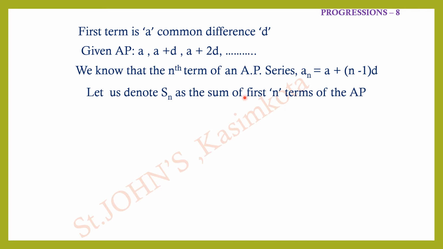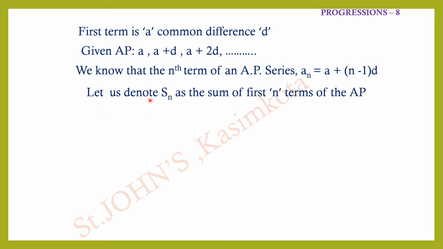Now, the sum of n terms of an arithmetic series. Sum of n terms means the first term is a, the second term is a plus d, the third term is a plus 2d, and so on, plus the last term a plus (n minus 1) into d, the term before it a plus (n minus 2) into d, and before that a plus (n minus 3) into d. The sum of all terms is represented by Sn.